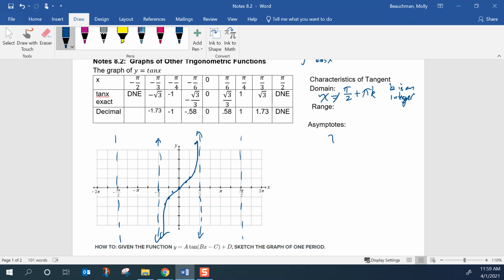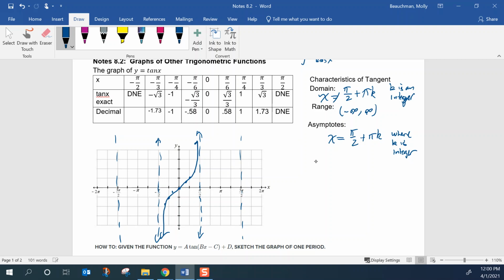So that means that the asymptotes are x equals pi over 2 plus pi times k, where k is an integer. The range, notice the values that y can be are all real numbers.